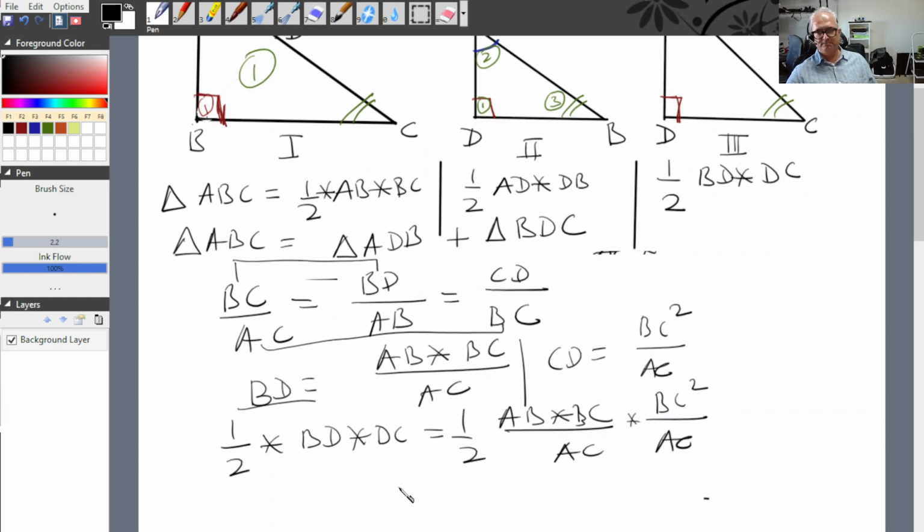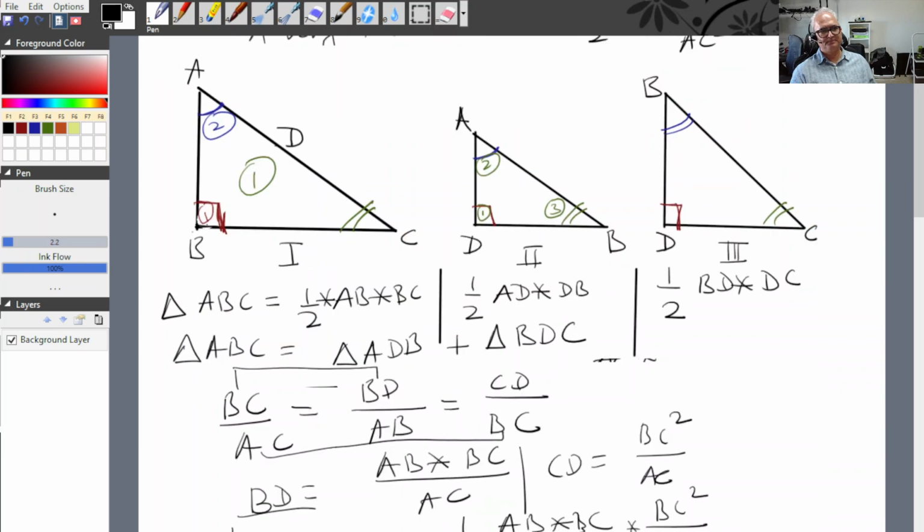So simplifying this, half AB multiplied with BC multiplied with BC square divided by AC square. So this is the area of the third triangle.